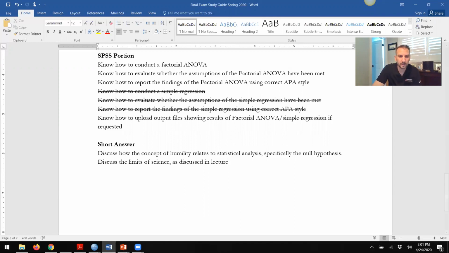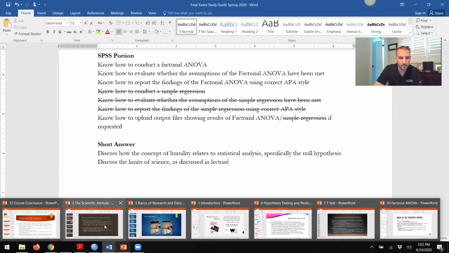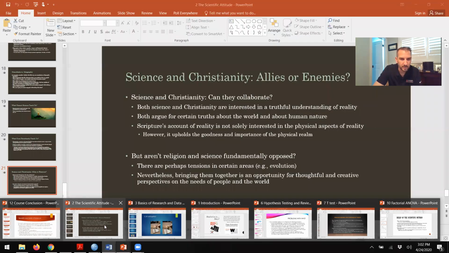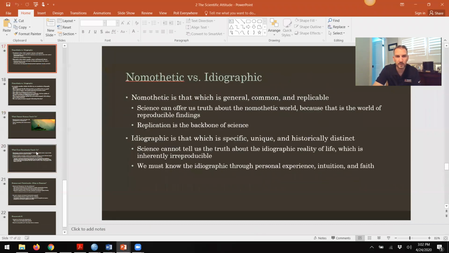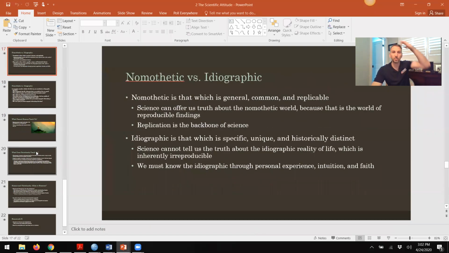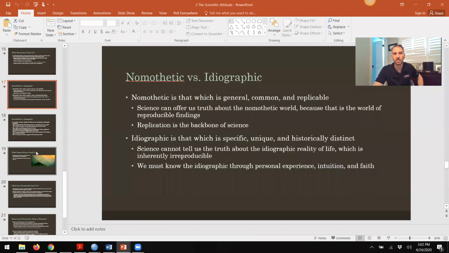Another way to think about it is from an early lecture. Let me see if I can find it here. The distinction between nomothetic and idiographic. Nomothetic is that which is general, common, and replicable. Science can discover truth about the nomothetic. The idiographic, though, is that which is specific, unique, and historically distinct. Science cannot tell us about the idiographic.